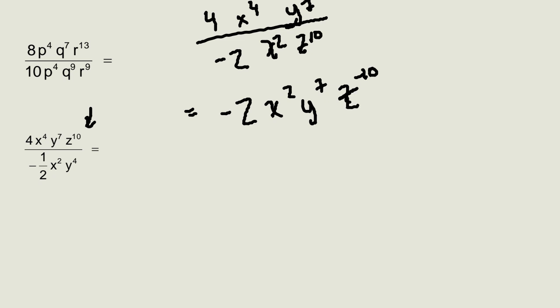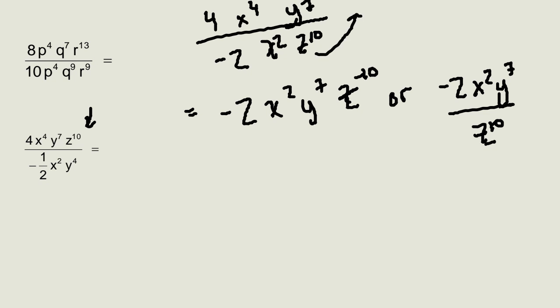Or you could have kept it as negative 2 x squared y 7, and you could have just kept that z10 on the bottom. Totally fine with that answer as well. Just if it's on the bottom and you want to bring it up, it has to become a negative because that's that rule. So usually there's one of those on the assignment, so I wanted to cover that.